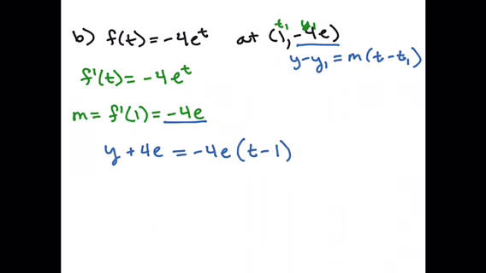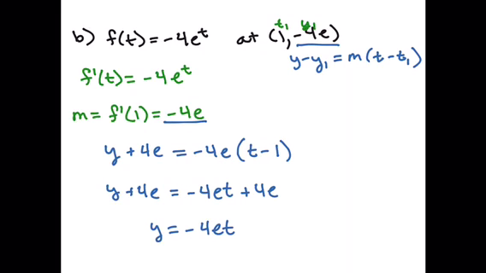And if I want to keep going, then I will distribute the -4e, and I get -4e times t plus 4e. And if I subtract 4e from both sides, then we just get y equals -4e times t.